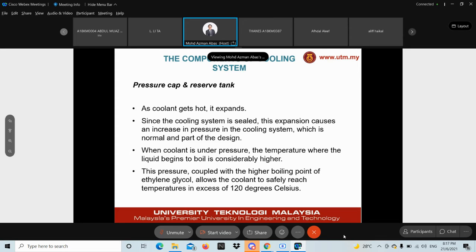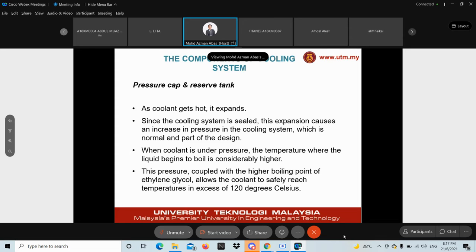This pressure, coupled with the higher boiling point of ethylene glycol, allows the coolant to safely reach temperatures in excess of 120 degrees Celsius, provided that you are using the correct antifreeze and also the correct ratio between water and antifreeze. Otherwise, you cannot get the boiling point up to 120 degrees.